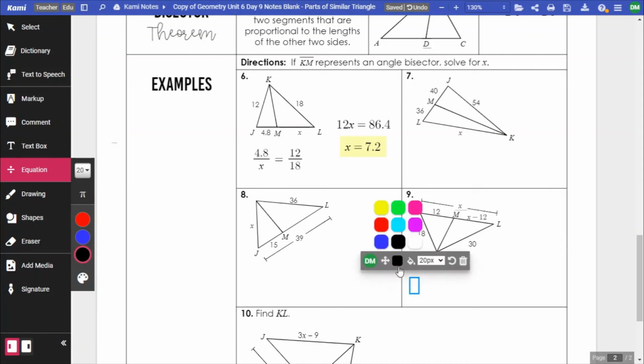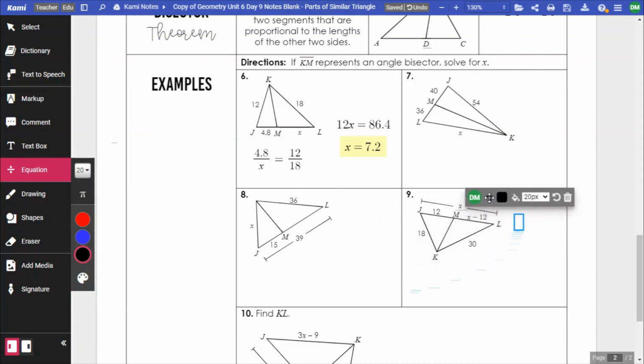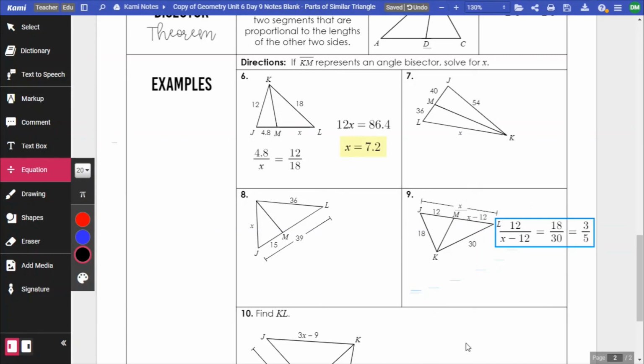So let's go ahead and set that up as 12 over X minus 12 is equal to, and now I need to pick the side near the 12, so that's 18, and the side near the X minus 12, so that's 30. And actually, before I cross multiply, I'm going to reduce these. 18 over 30, we can take a 6 out of both of those, and it becomes a ratio of 3 to 5.